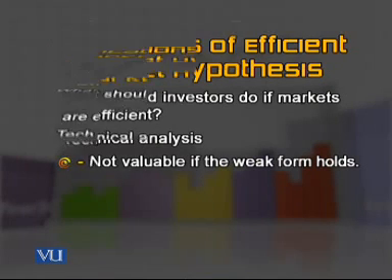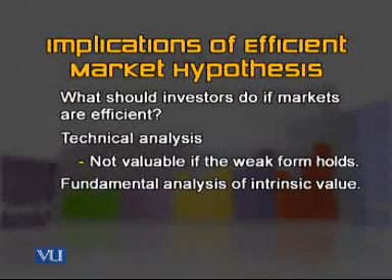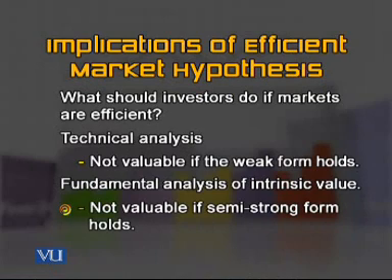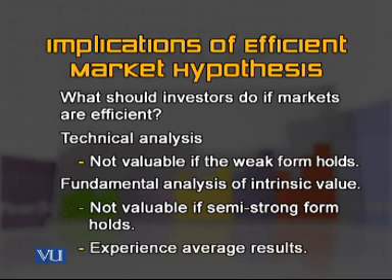The stock market prices tend to incorporate public information. In a weak form, there's no extra information, so technical analysis will be of little value. If you turn to fundamental analysis for the intrinsic value of a stock or a market, you'll find it is not valuable if the semi-strong form holds, because you will experience average results.